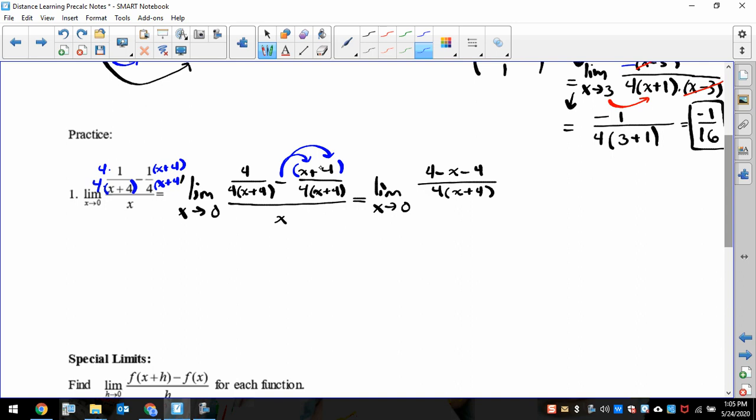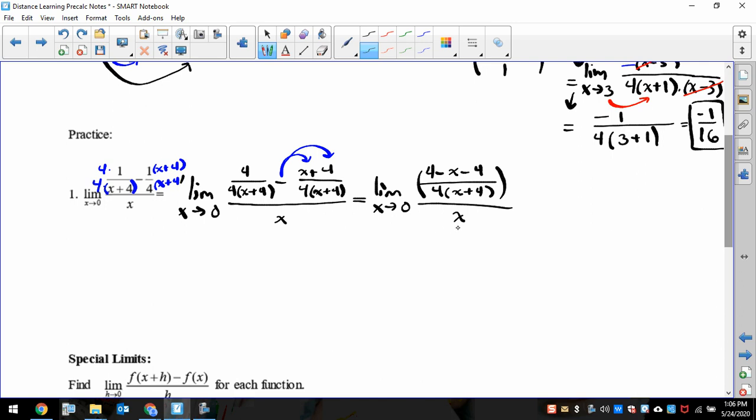So it groups the x and plus 4 together. So we have to distribute that negative through there. So the parentheses aren't necessary because we have the fraction bar. The parentheses are implied. So the negative gets distributed, and let's go ahead and put this all over x. And I don't like fractions over fractions like this. It's super ugly.